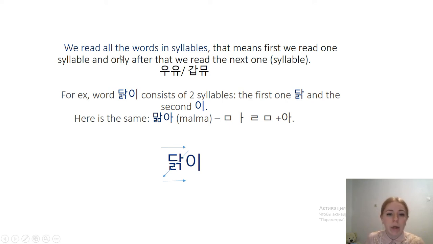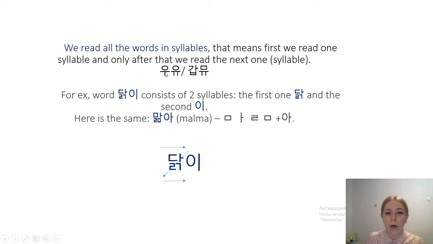So in Korean there is a little bit of another situation. We don't read it like this, m. We read by syllables. So we read just cup, and then after we read this syllable, we read the next one. We read mu. So we have cup, mu.